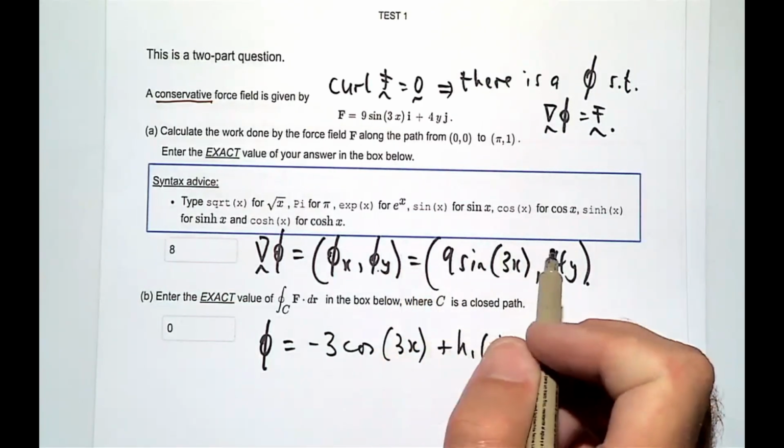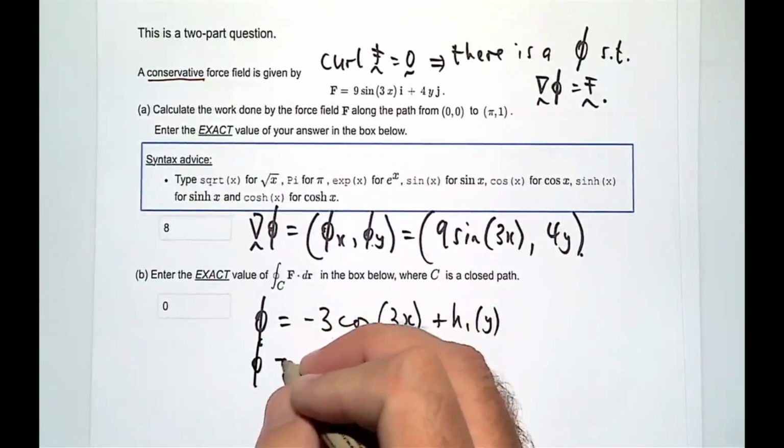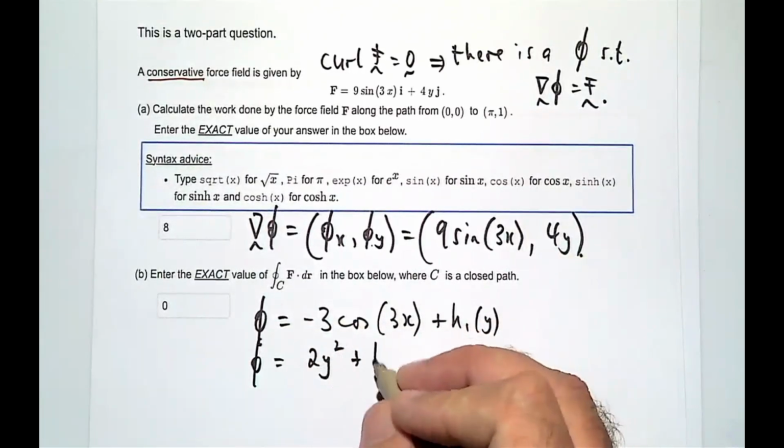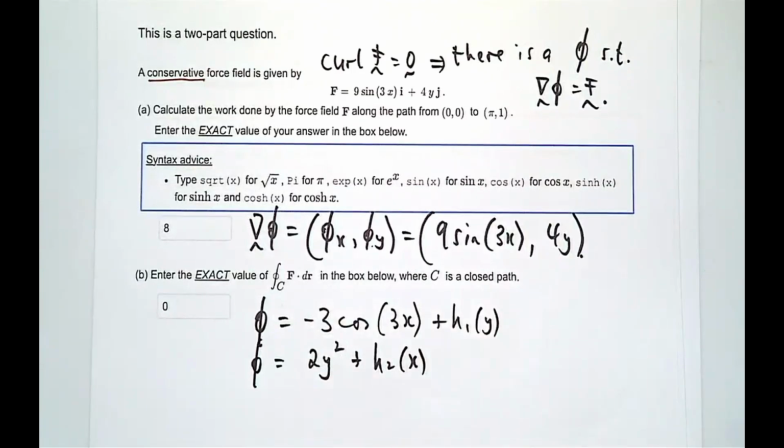Let's do the second one, phi sub y equals 4y. So integrate that with respect to y plus some other function that depends on the other variable. So now the challenge on this Friday afternoon is to pick H1 and H2 such that the bottom two expressions are equal. So, what could we choose H1 of y to be? 2y squared.